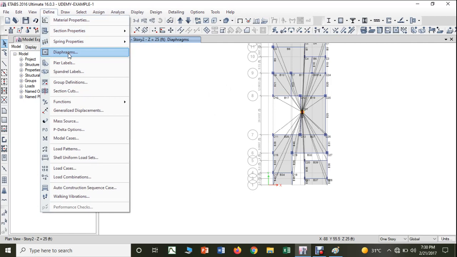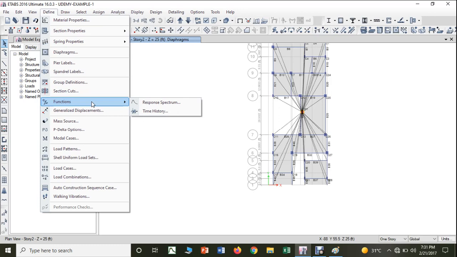okay. Once it is done, we will see about peer labels, spandrel labels, group definition, section cuts later. The next option is called functions. You should understand what these functions are.